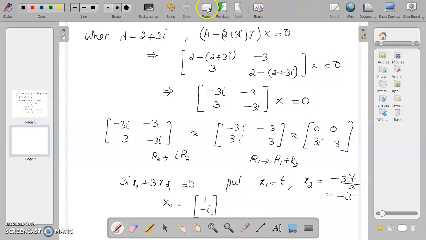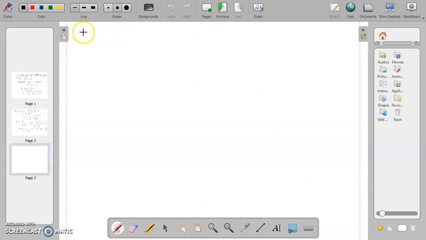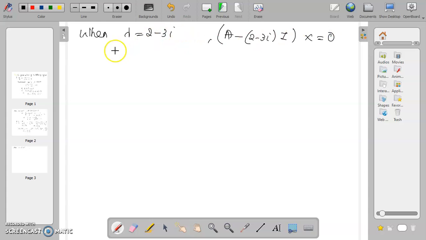So now let us look at the second eigenvector. So when lambda is 2 minus 3i, we need (A minus (2 minus 3i) I) x equal to 0. So that implies we are going to get the matrix 2 minus 3i... wait, 2 minus (2 minus 3i), minus 3, 3, then 2 minus (2 minus 3i), x equal to 0.